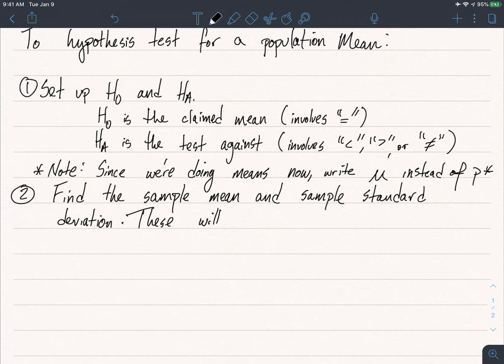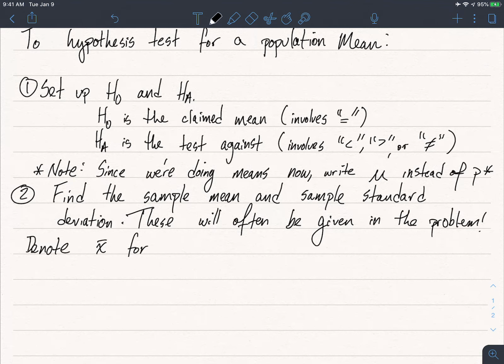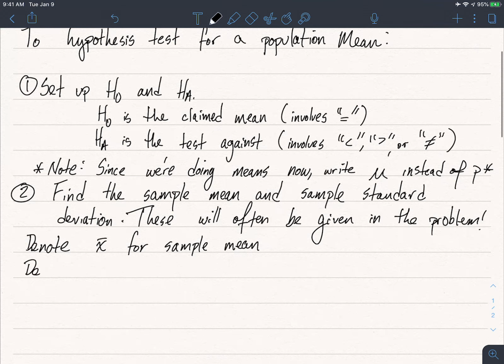These will often be given in the problem. And just so you guys remember, we use x bar for sample mean. And we denote sample standard deviation as s for sample standard deviation.